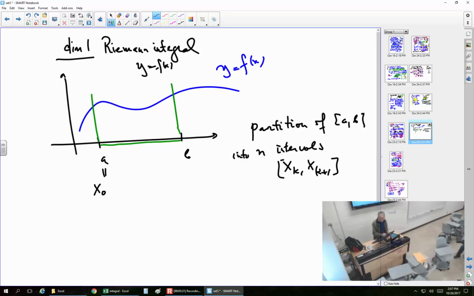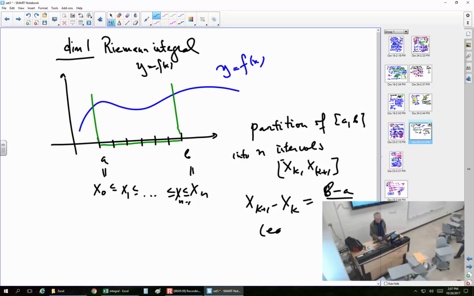Then a is x_0, b is x_n, and between them lie these x_1 through x_{n-1} locations, as many as necessary. So n is the parameter, and then over that n we have a limit. x_{k+1} minus x_k is naturally equal to (b minus a) over n if they are equal length. They don't have to be.